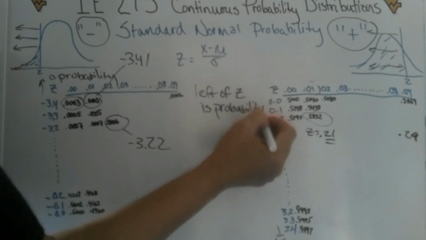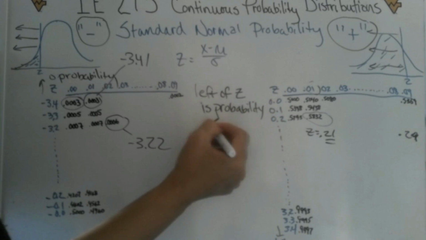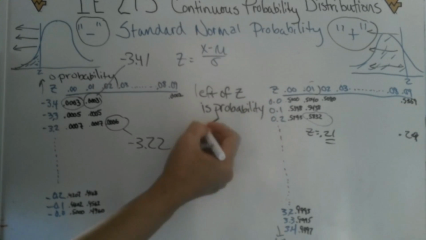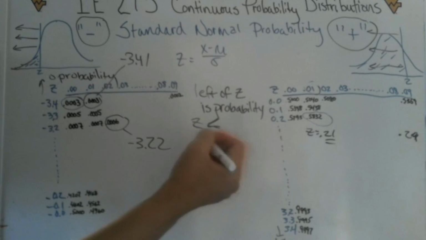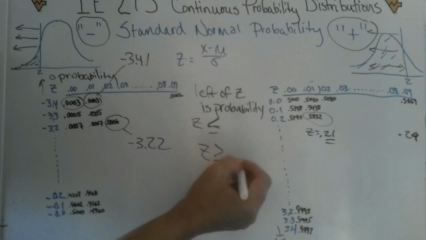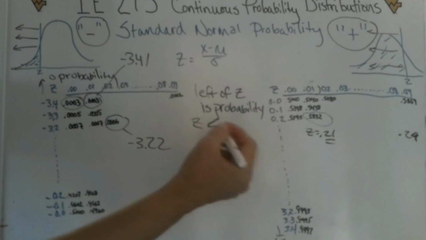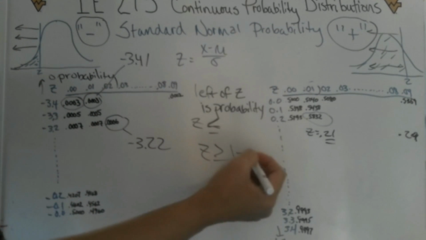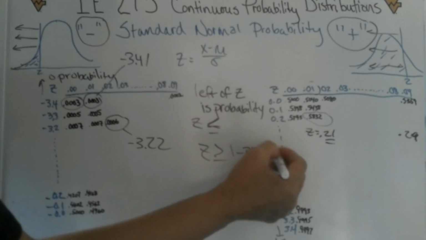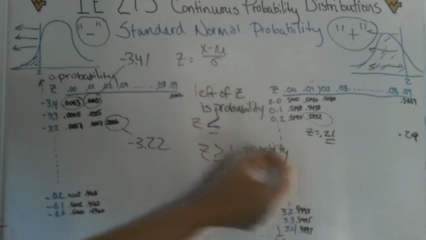This lines up with less than or equal to: z is less than or equal to. If the probability is z greater than or equal to, then you go to the right, so it's 1 minus your probability. We'll do a couple examples, but that's really important.